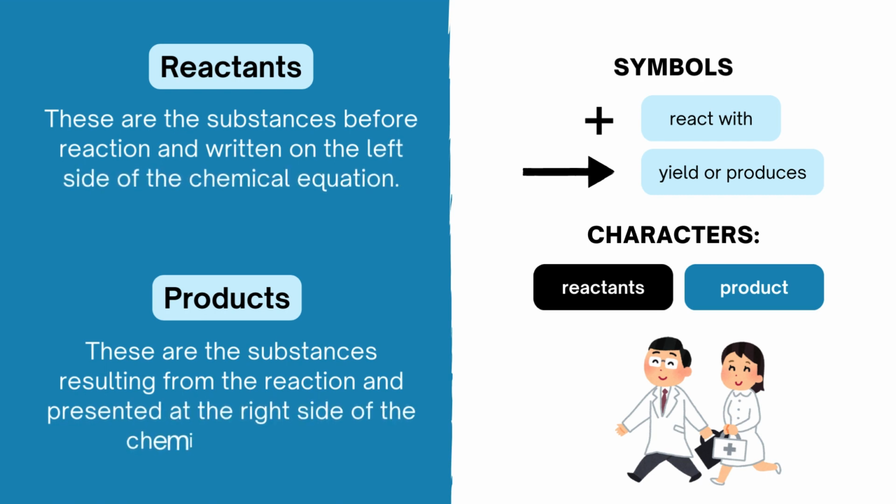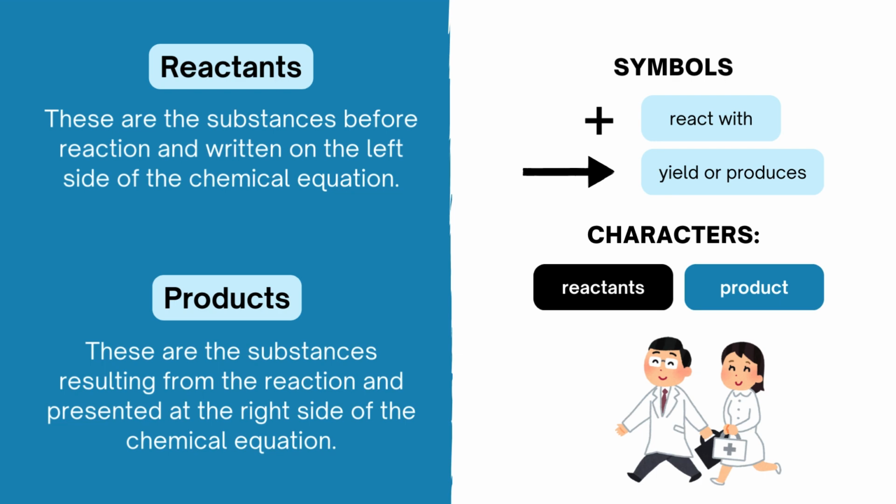We have the term reactants. These are the substances before the reaction and written on the left side of the chemical equation. On the other hand, we have the term products. These are the substances resulting from the reaction and presented at the right side of the chemical equation.